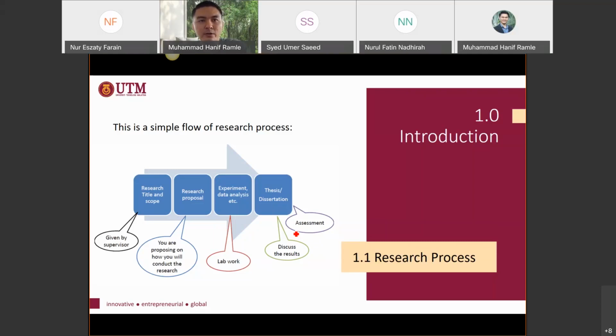This one is lab work. In some cases, maybe the student will do simulation. Once the experiment and data analysis are done, you have to prepare a thesis or dissertation.